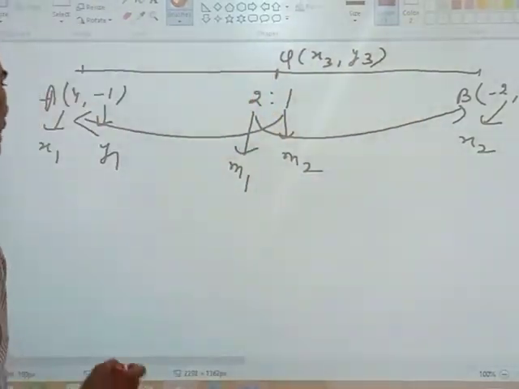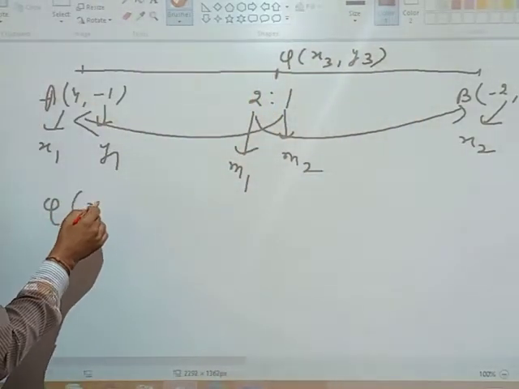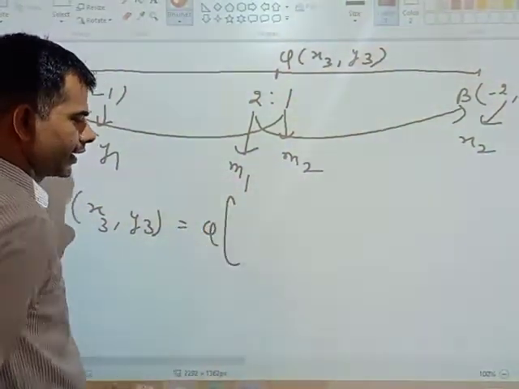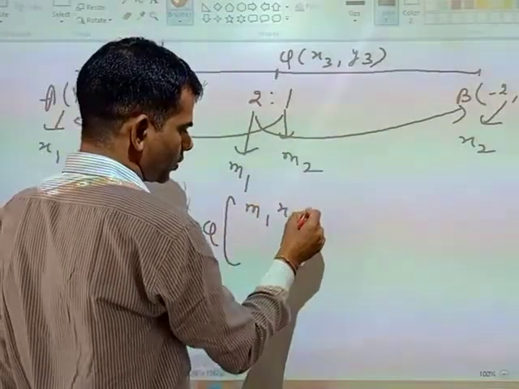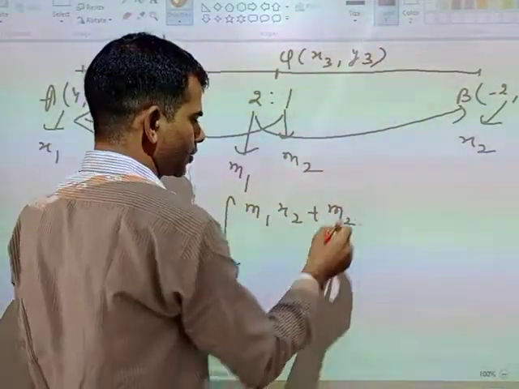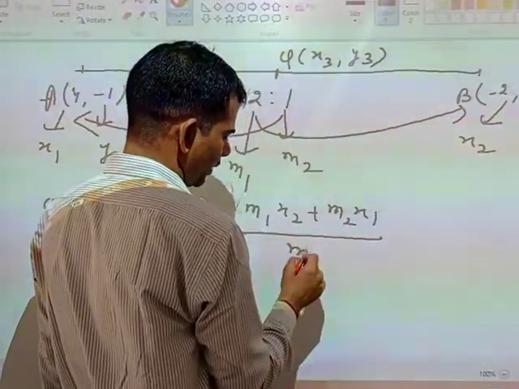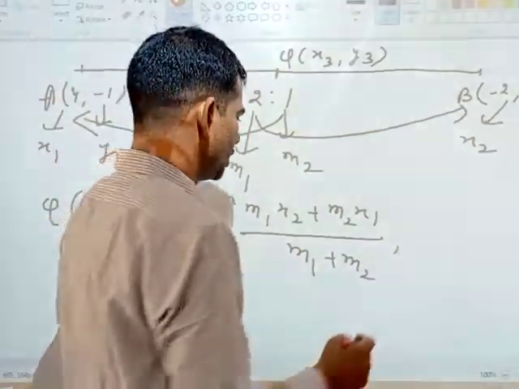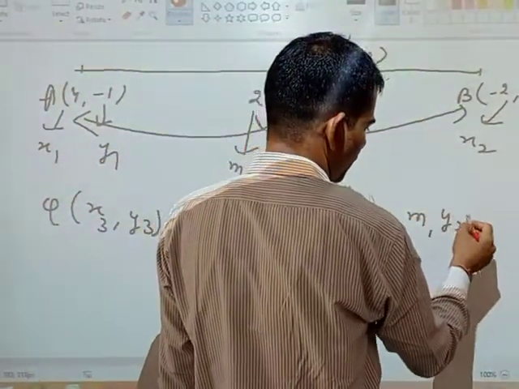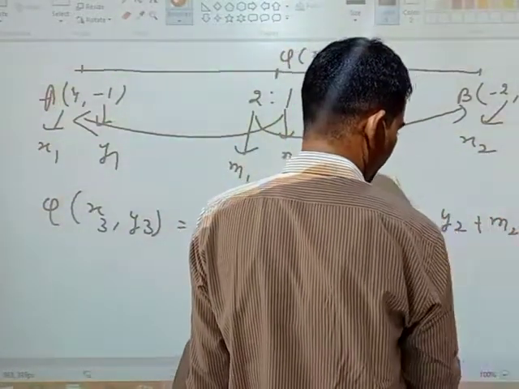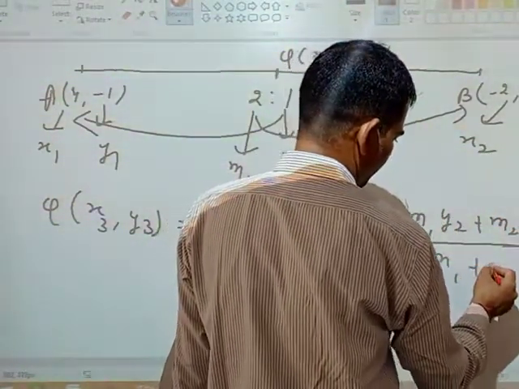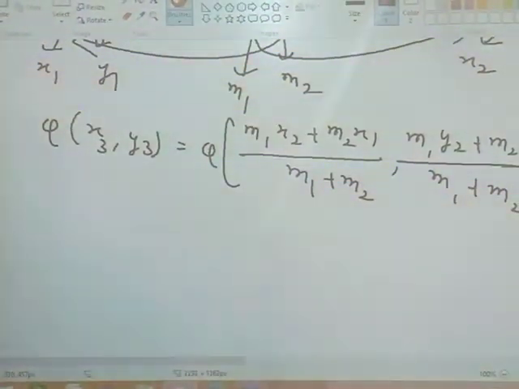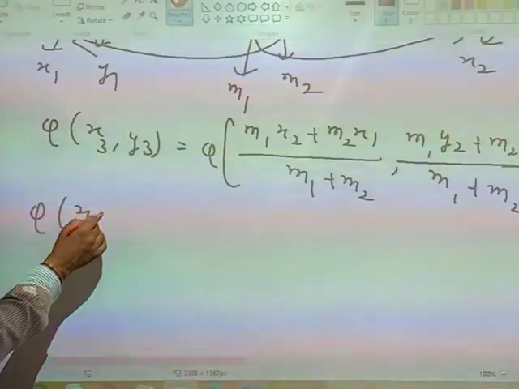Now the coordinate of point Q. Q is (x3, y3), that is your m1 x2 plus m2 x1 divided by m1 plus m2, and m1 y2 plus m2 y1 divided by m1 plus m2. Now we have to find out the coordinate of point Q, that is your x3, y3.